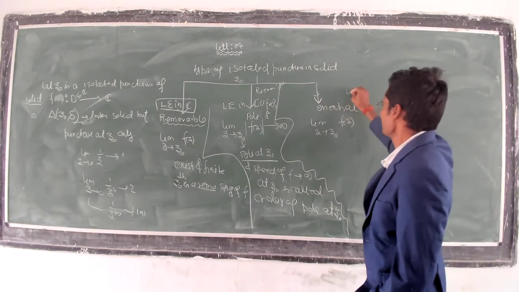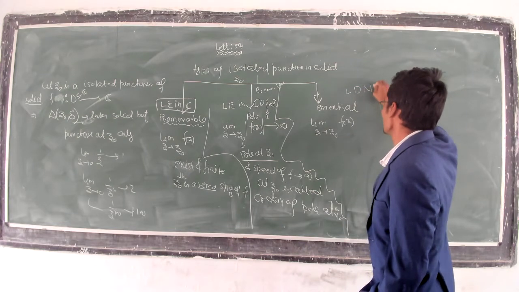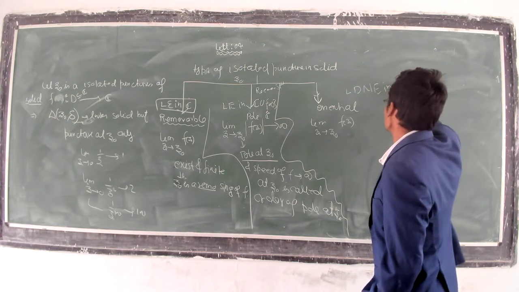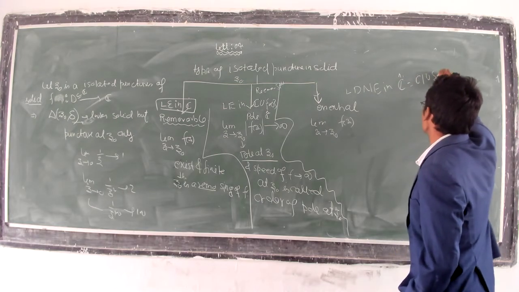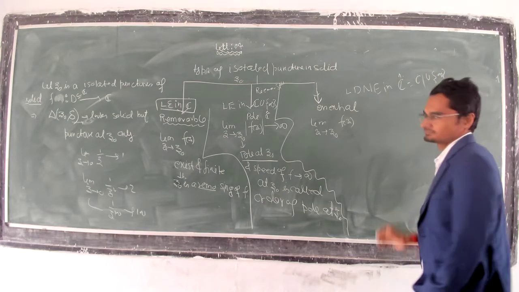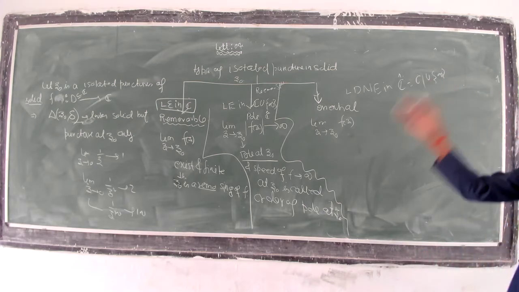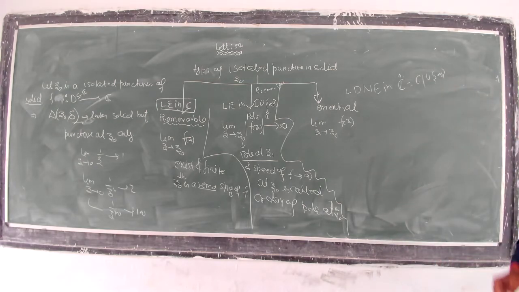Essentially, here the limit does not exist in C hat, meaning C union infinity. The limit does not exist anywhere, meaning sometimes it will go to infinity, sometimes it will get 1 or something. It will depend on the path.